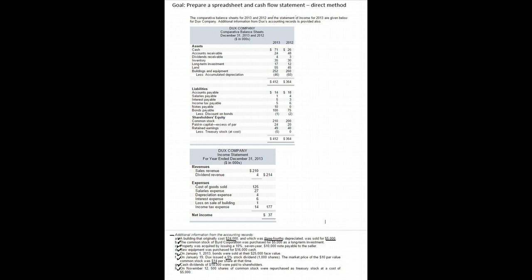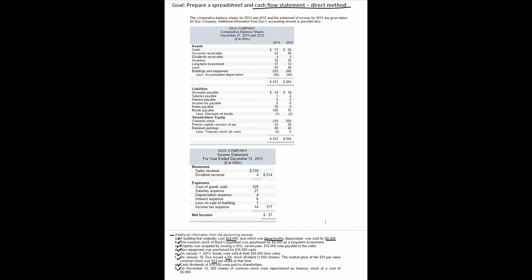In part 2, we looked at analyzing the changes in the other asset accounts and putting those in the investing section, and analyzing the changes in long-term liabilities and stockholders' equity accounts and putting those in the financing section of a worksheet. The last thing we have to do is to actually make a cash flow statement under the direct method from the worksheet.